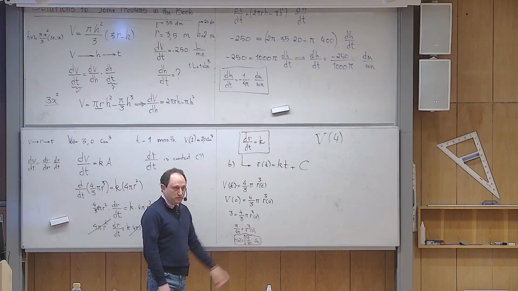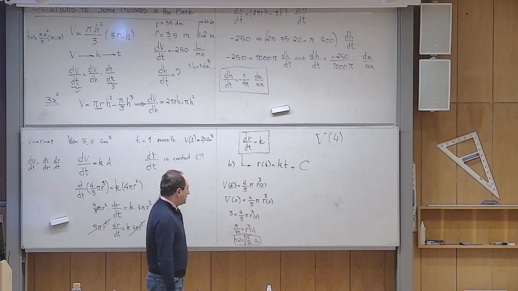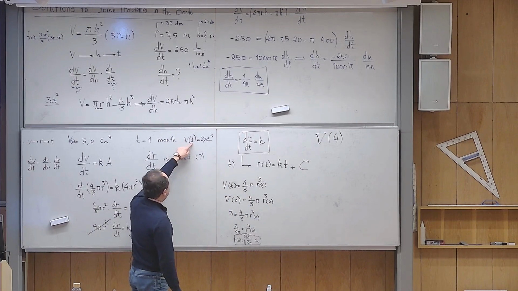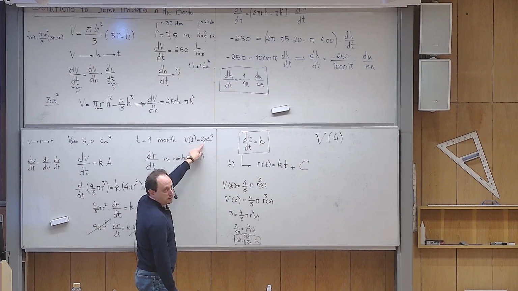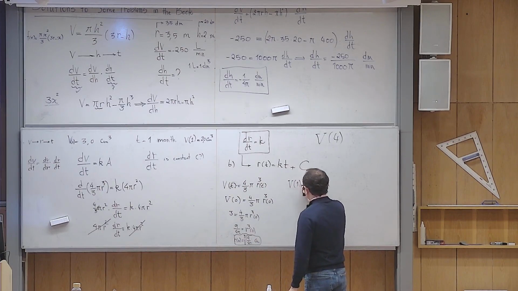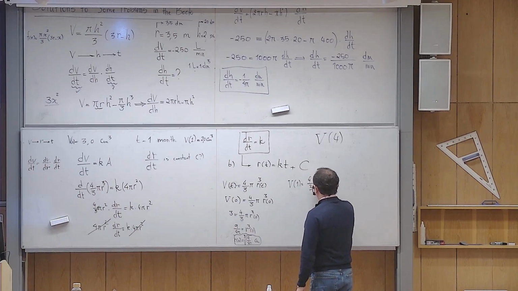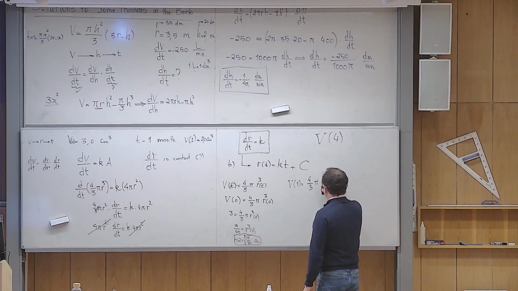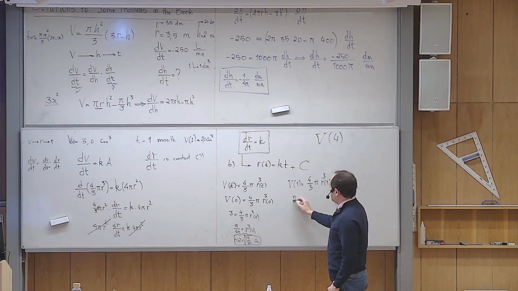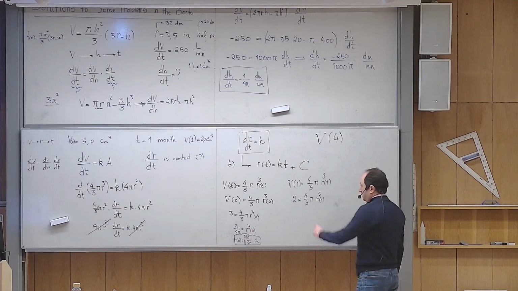So when we start, look at this problem. The radius is this. Okay, but now I also know that the volume after 1 month is 2 cubic centimeters. So it means that V at 1 is 4 over 3 pi R at 1 to power 3. But V at 1 is given to be 2, so 2 equals 4 over 3 pi R at 1 to power 3.